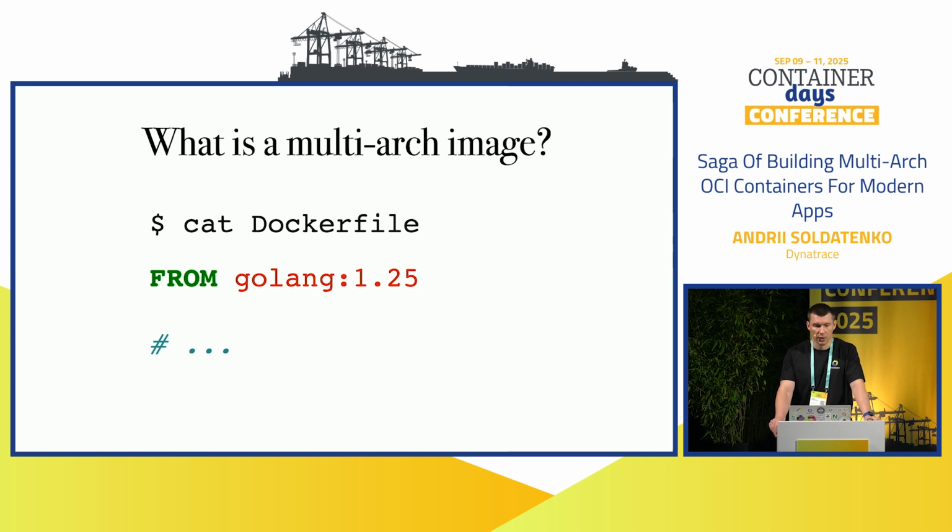If you have a Dockerfile with FROM golang 1.25, we don't specify the architecture, right? But the golang image tag 1.25 hides different images under this tag. When I say different, it means different operating systems and processor architectures, so different images.